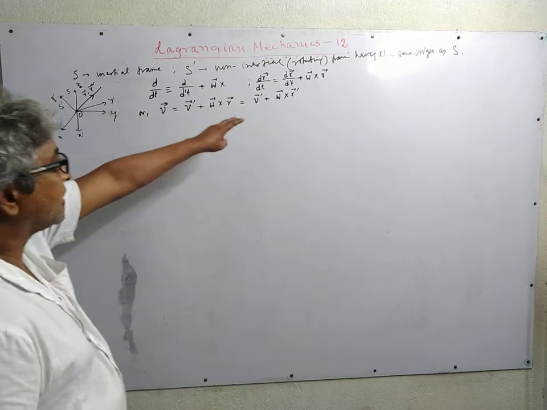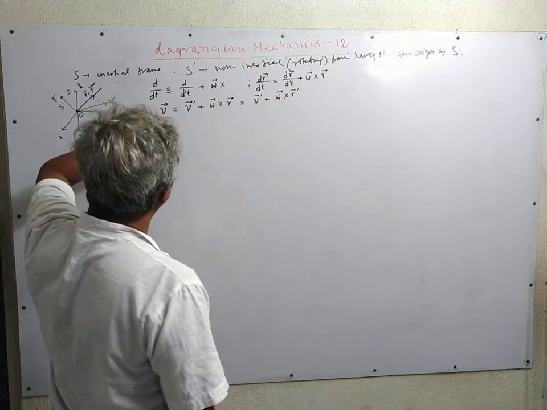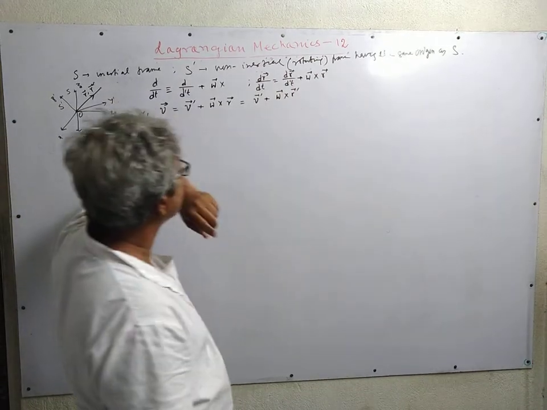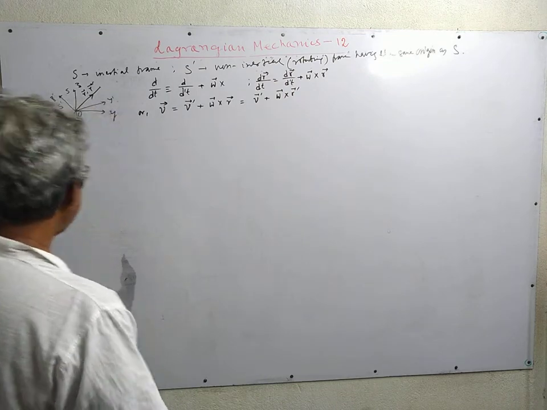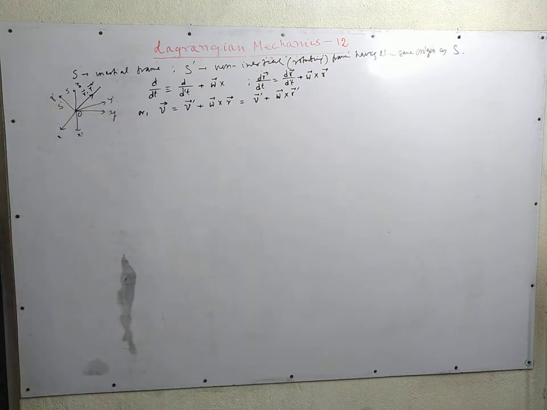And here V is written in terms of the quantities related to the prime frame. We want to find the Lagrangian of a particle in the prime frame. The Lagrangian being a scalar, its numerical value is the same in both frames.